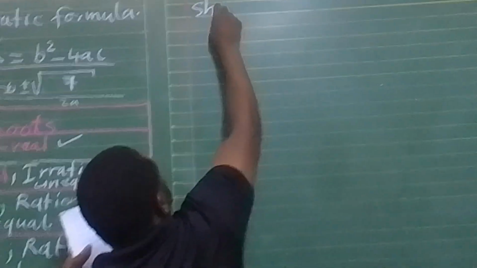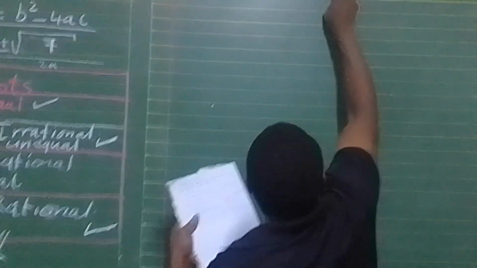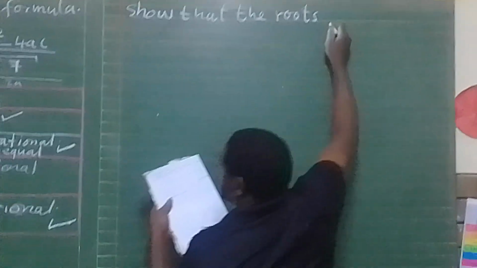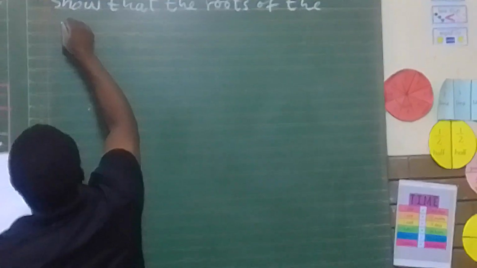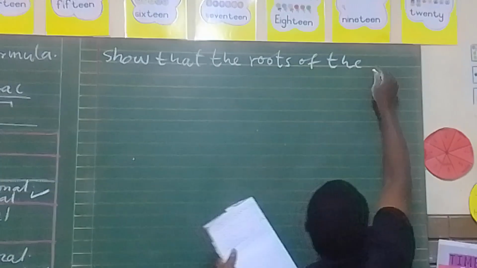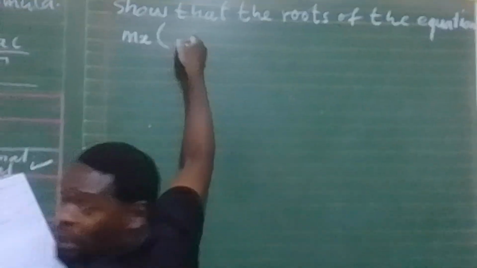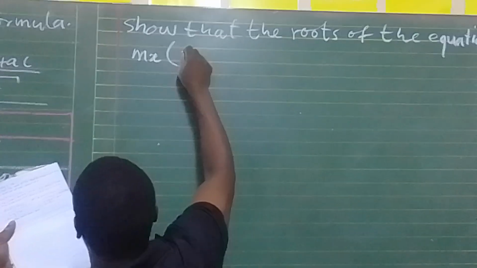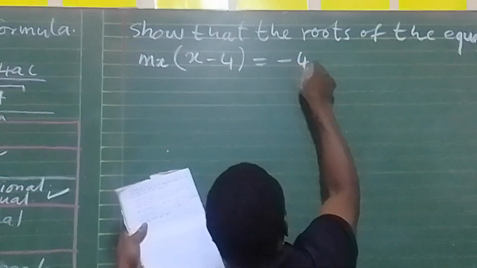The problem comes with: show that the roots of the equation mx(x minus 4) is equal to minus 4m.